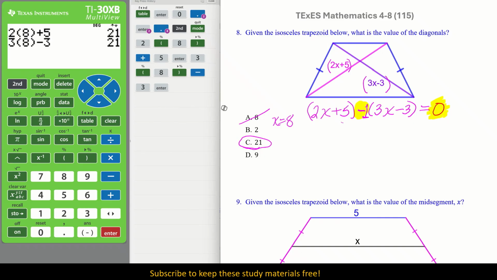Now you can go through the motions of 2x plus 5. Okay, I'm jumping ahead of myself. 2x plus 5 equals 3x minus 3 because they're equal to each other, correct? And then we would have, let's subtract 2x from both sides.